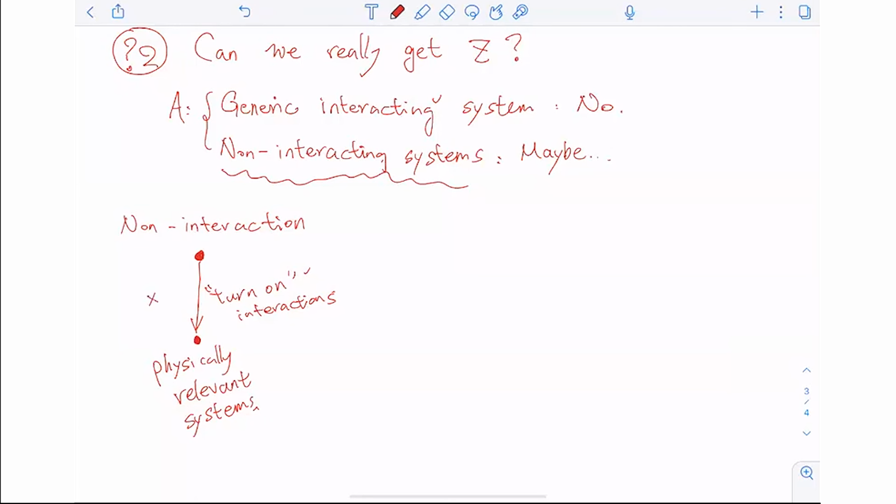But this path is not always working. Sometimes there are some effects that are basically non-perturbative.